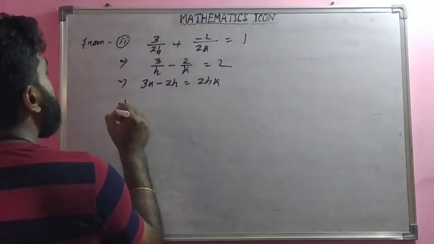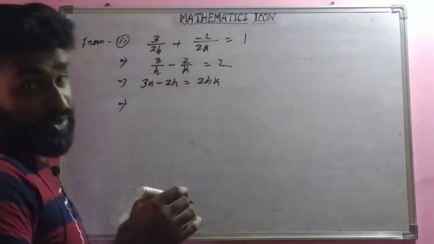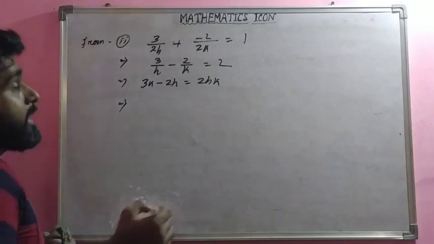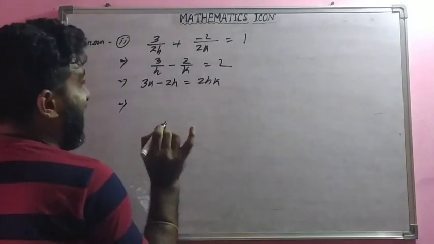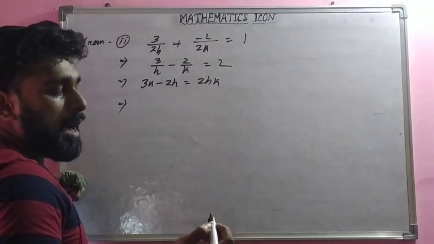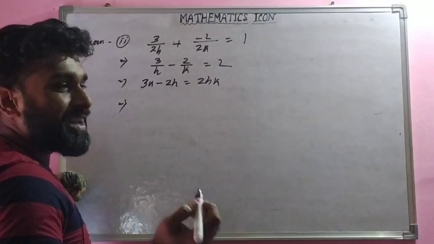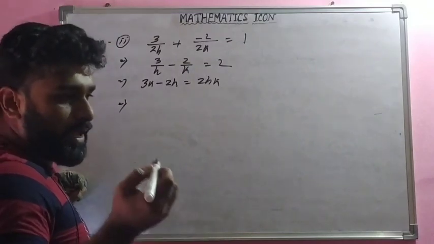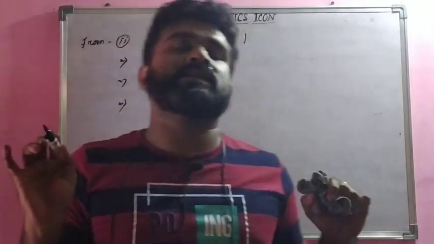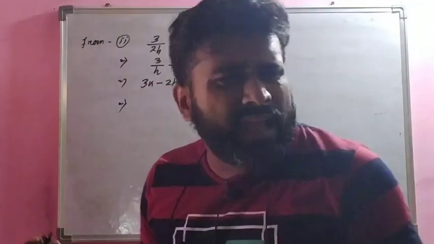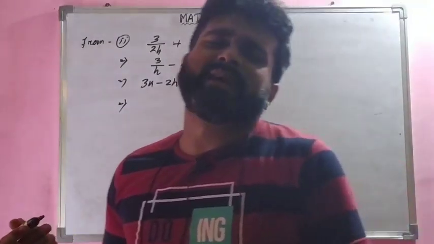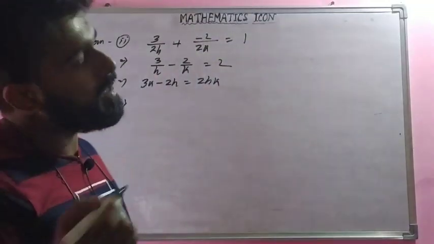After that, in place of h and k, you have to replace x and y, because h and k are actually x and y. x कोऑर्डिनेट होता है h, y कोऑर्डिनेट होता है k. तो आपको h और k के जगह x और y लिख देना है लास्ट लाइन में.